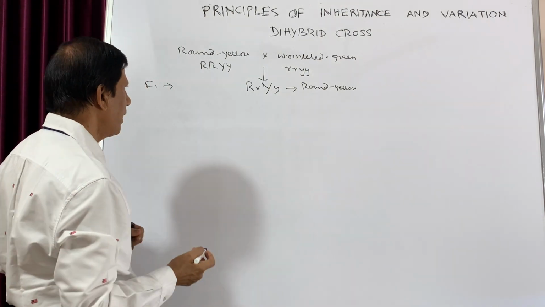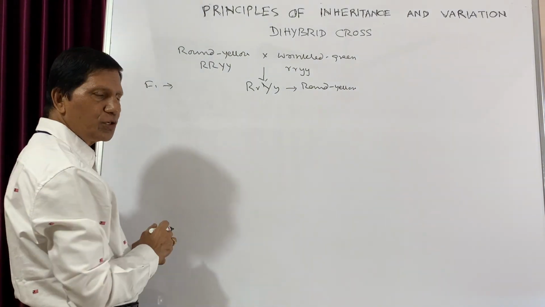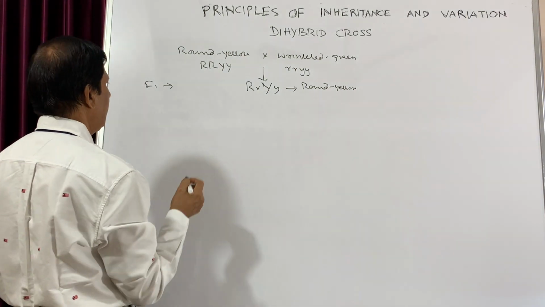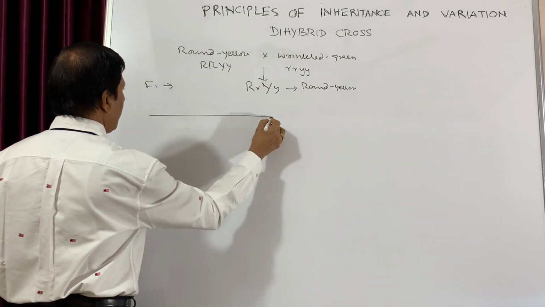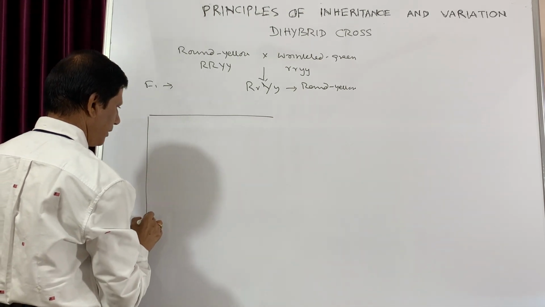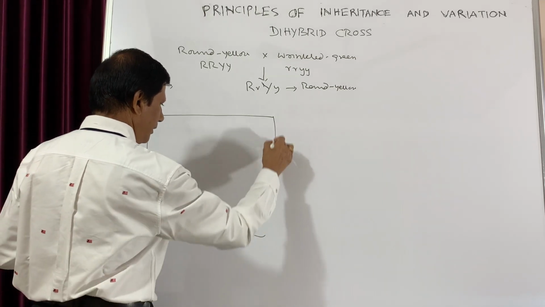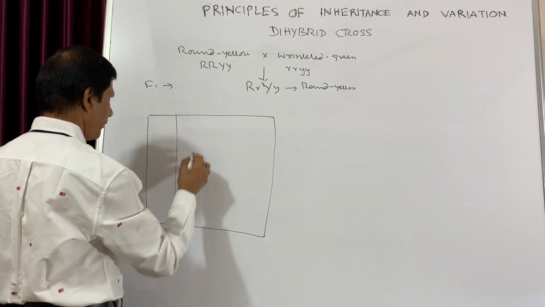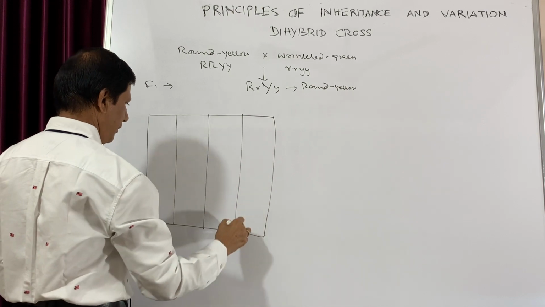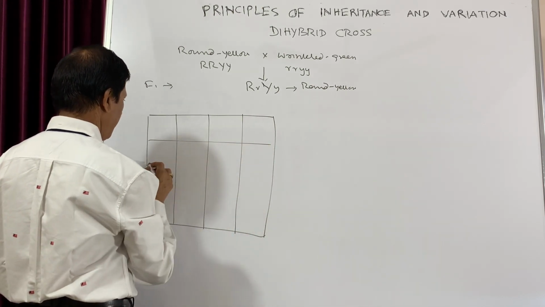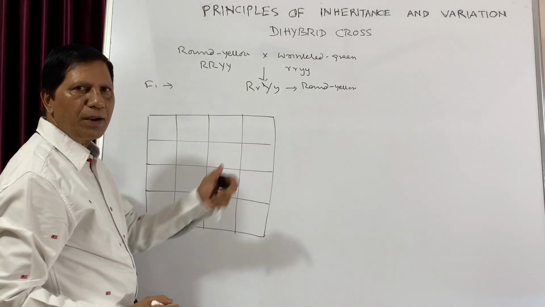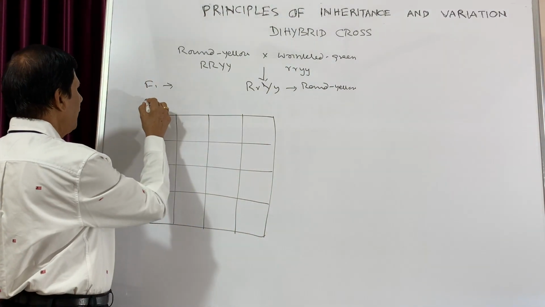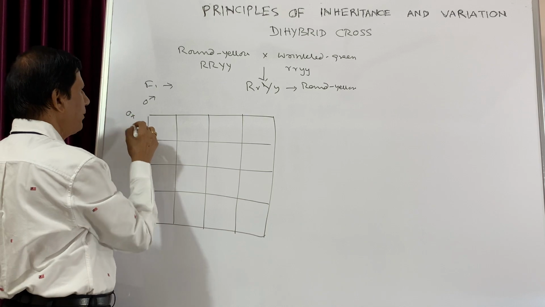Let us draw the Punnett square, so that we can know the details. The four types of gametes will form on the male side and this side the female side.